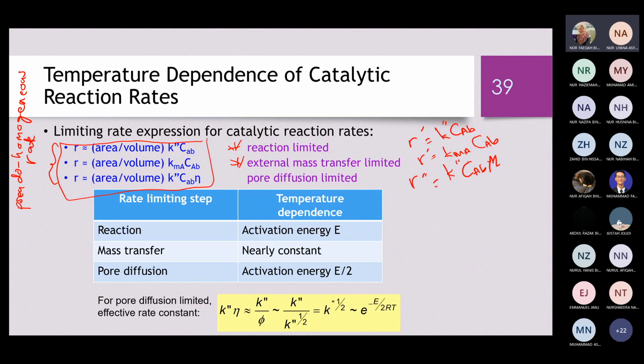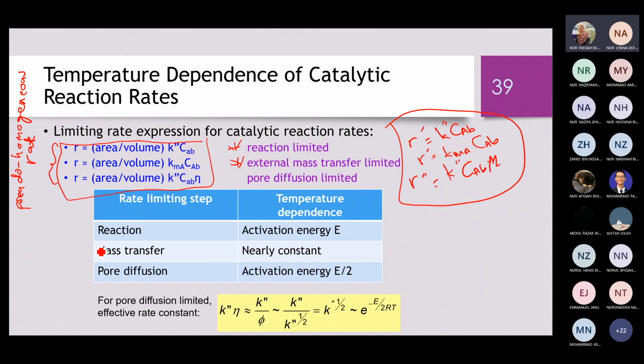We just focus on surface reaction limited and external mass transfer limited. Actually all these pseudo-homogeneous rates come from this catalytic rate law equation.